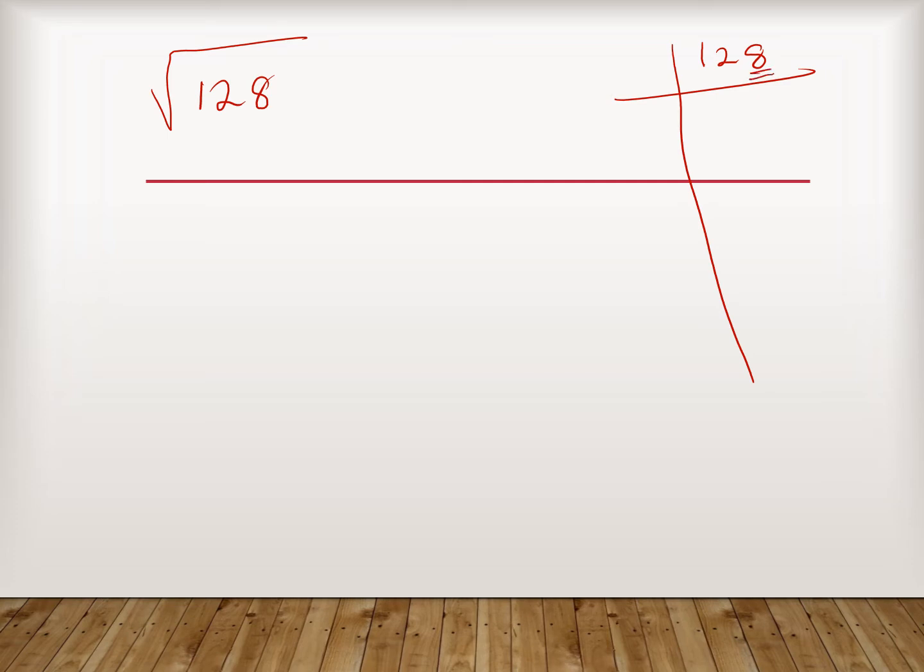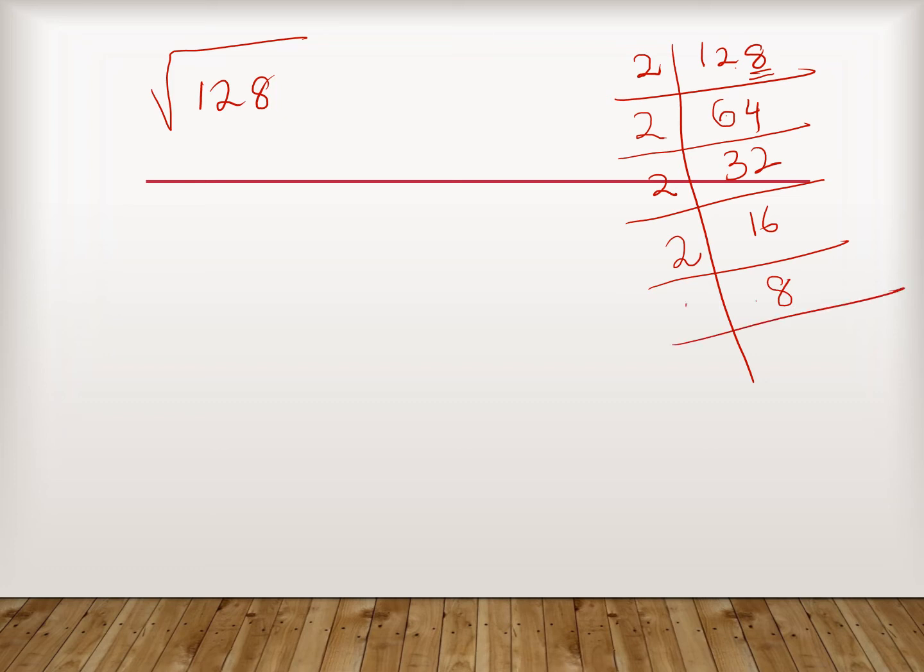Now 8, the last digit of 128, is an even number, so try to factor it with the prime factors, for example, 2. 128 divided by 2 gives you 64. 64 divided by 2 gives you 32. 32 divided by 2 gives you 16. 16 divided by 2 gives you 8. 8 divided by 2 gives you 4. 4 divided by 2 gives you 2. And then 2 divided by 2 gives you 1.